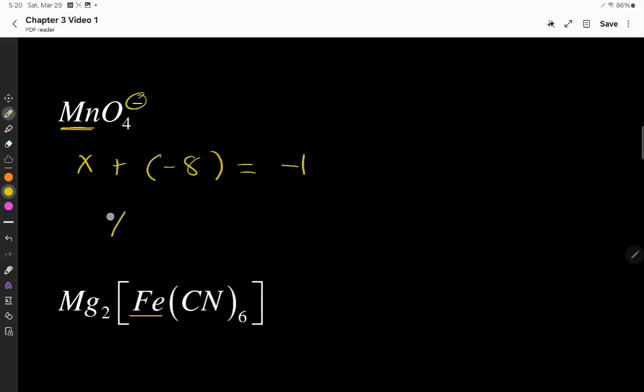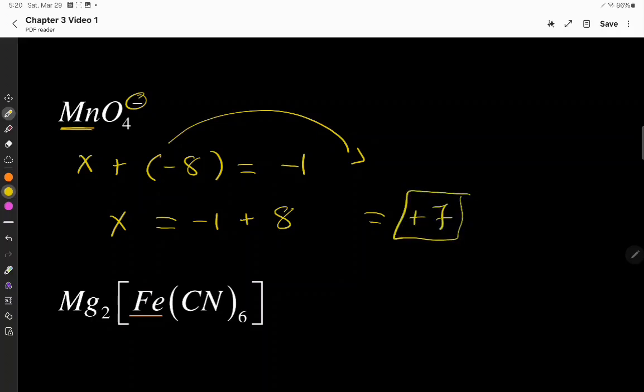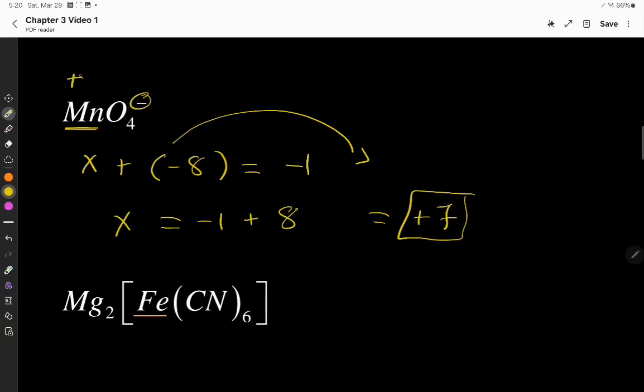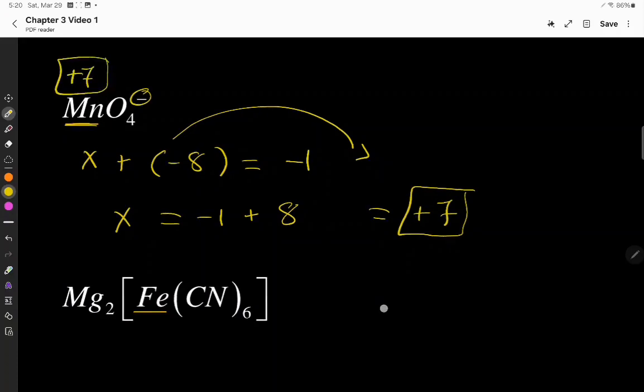Now X minus 8 equals negative 1, and this we will send to the other side with opposite sign, plus 8. Negative 1 plus 8, that equals positive 7. So the oxidation number of manganese here is positive 7 as well, like the one before.